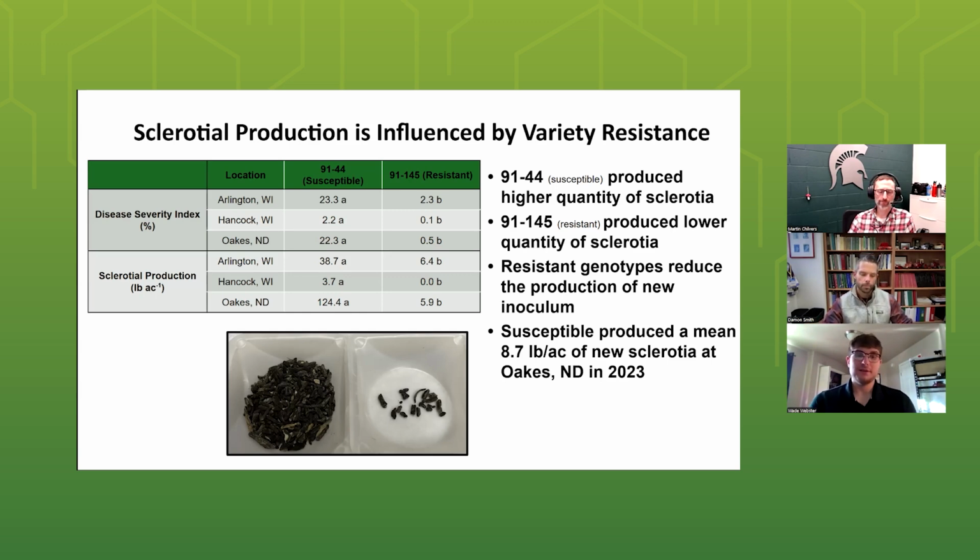But looking at that Oaks site in 2023, the susceptible variety produced on average about 124 pounds per acre of new sclerotia. That is a lot of new sclerotia that could potentially lead to greater levels of infection, whether it's that next season. Now, at the same exact location, the resistant variety, instead of 124 pounds, produced a little under 6 pounds of sclerotia.